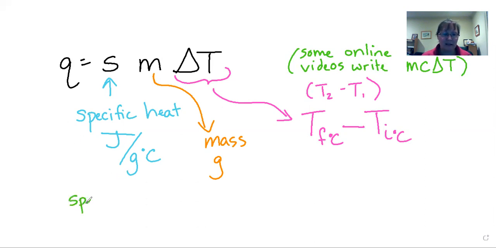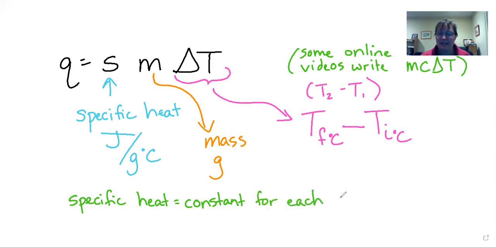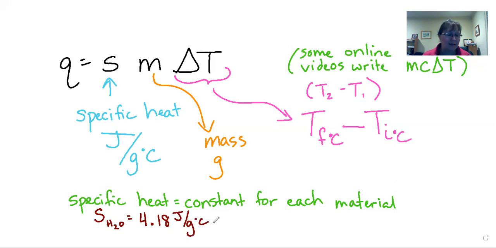The specific heat is a constant, but not a constant like R was a constant, because it's different for every single material. For example, the specific heat for water is 4.18 joules per gram degree Celsius. Let me see if I can find something else in my notes.